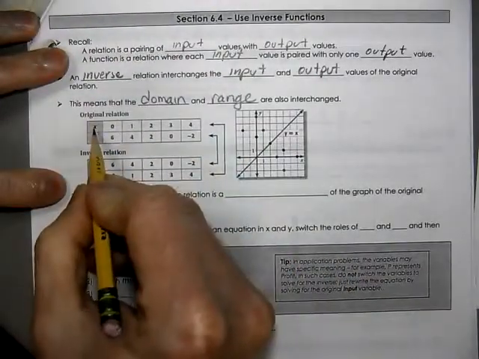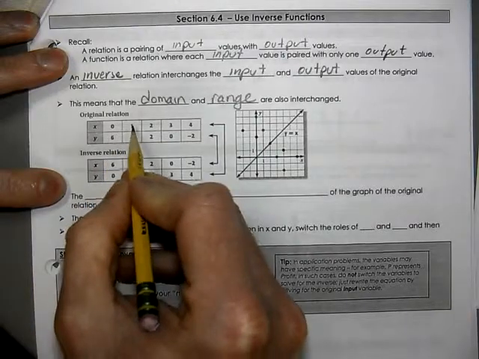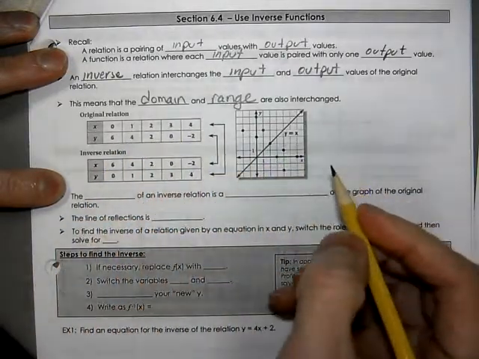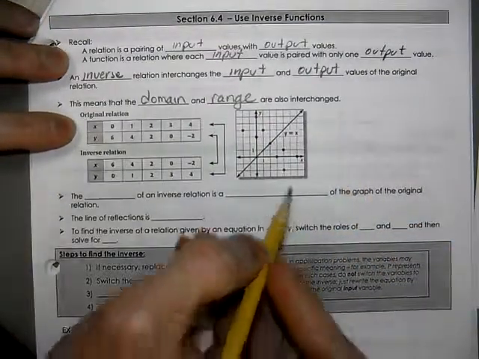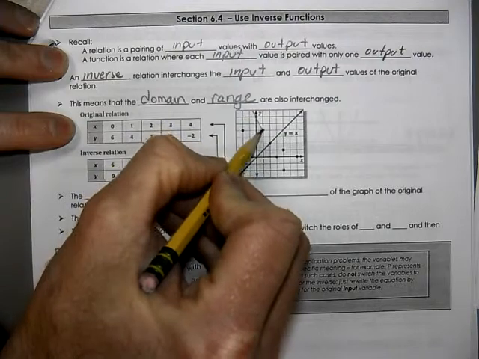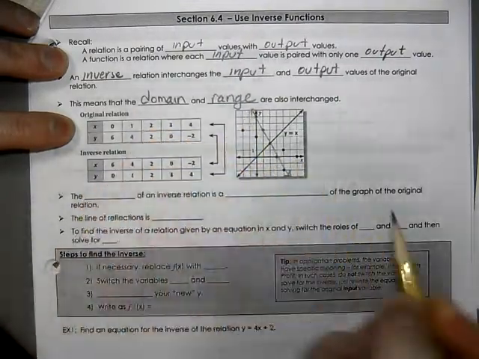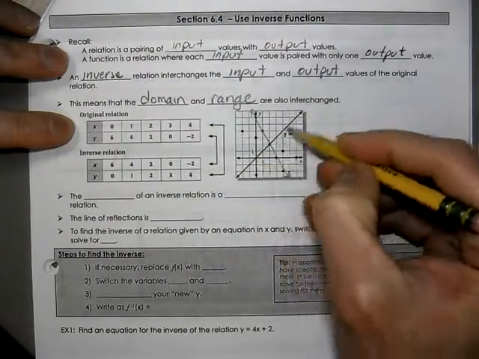For example, if your original graph was (0, 6), (1, 4), (2, 2), (3, 0), (4, -2), which is this line, and we were to reflect it over y equals x.